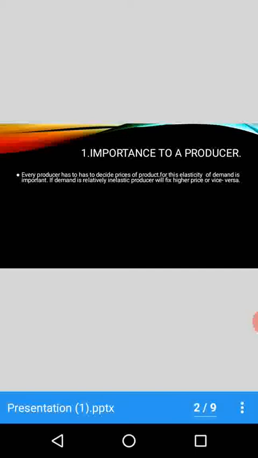Then what is meant by a producer? The firm engaged in creating or manufacturing something new in terms of goods, that is a production unit.